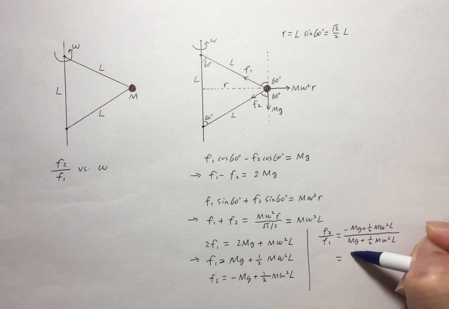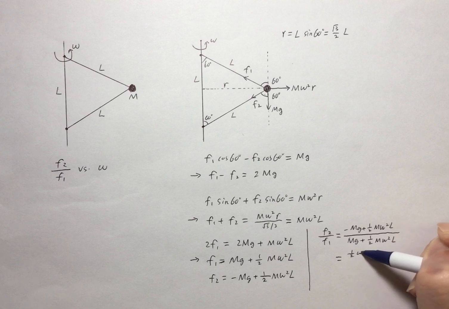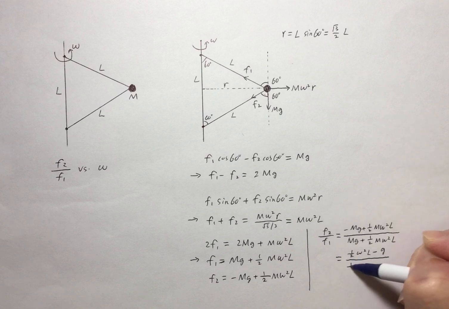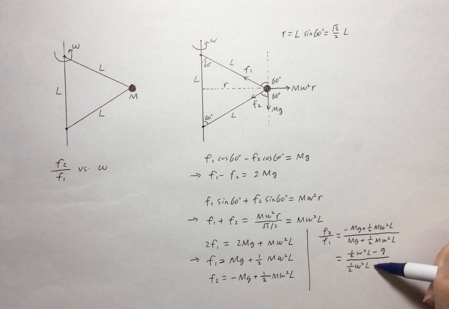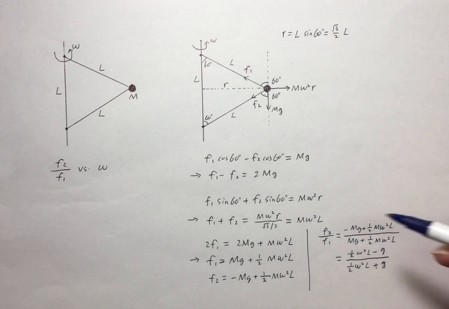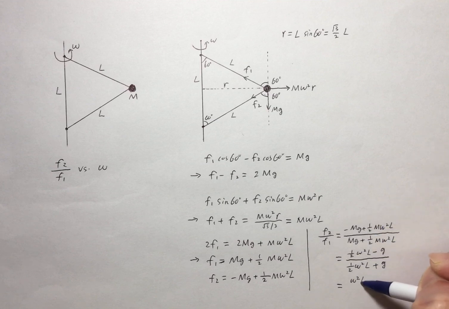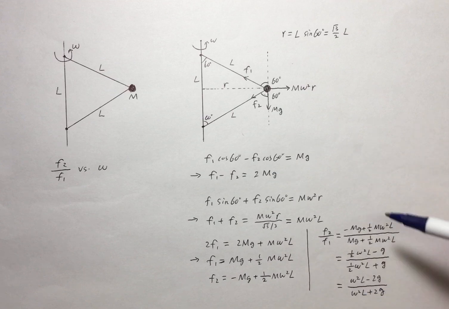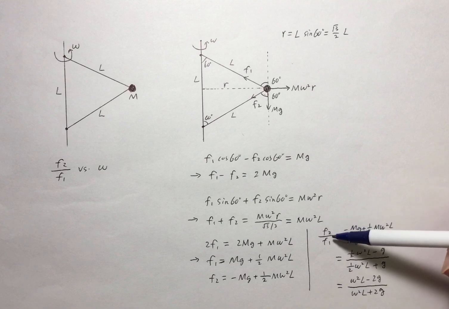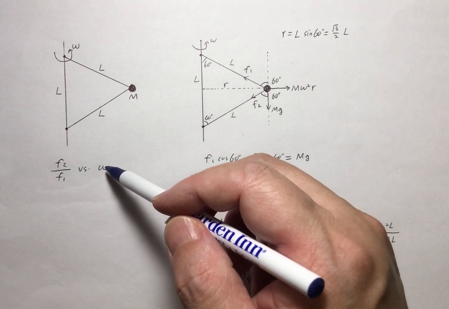So we have half omega square L minus g over half omega square L plus g. To make it look better, we multiply by 2. So omega square L minus 2g over omega square L plus 2g. This is a relation between F1, F2 versus angular speed omega.